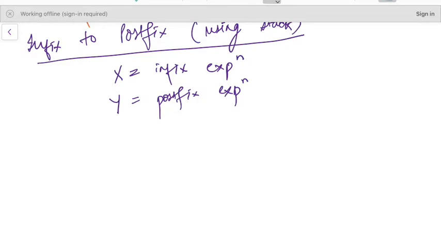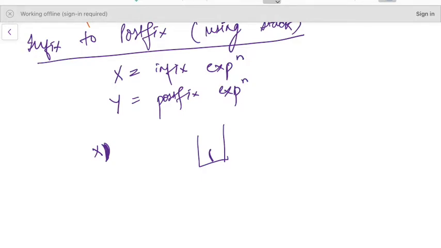Before that, this is x, the input expression, and we place a closing parenthesis after this, not before this. And when we start the algorithm, we always place an opening parenthesis in the stack, right?